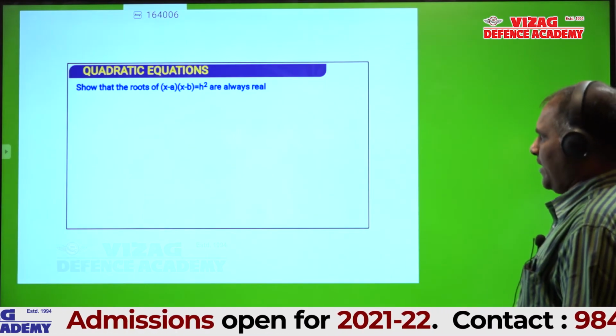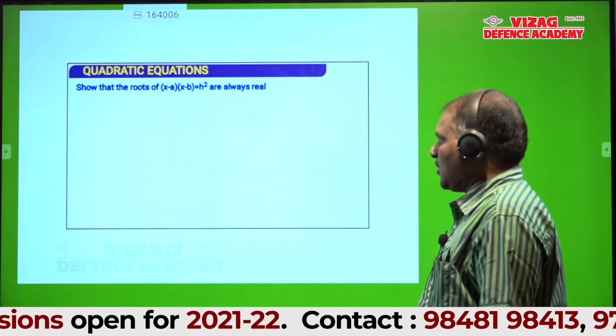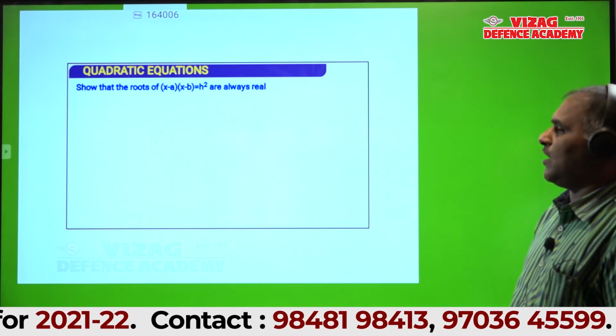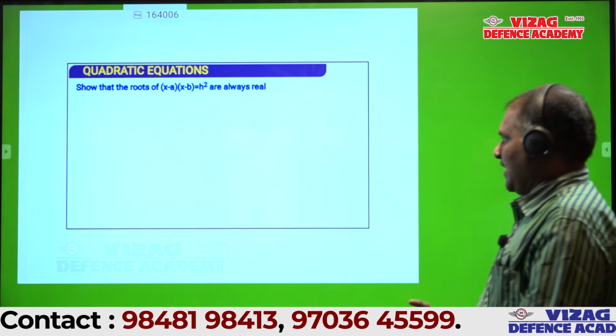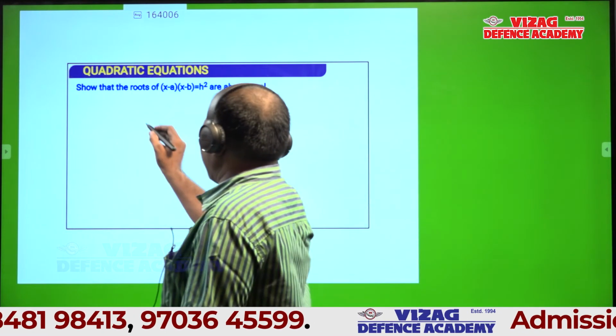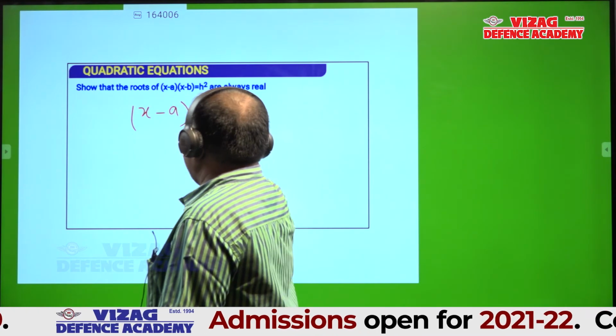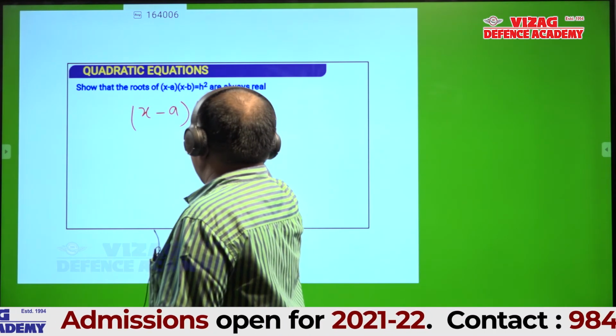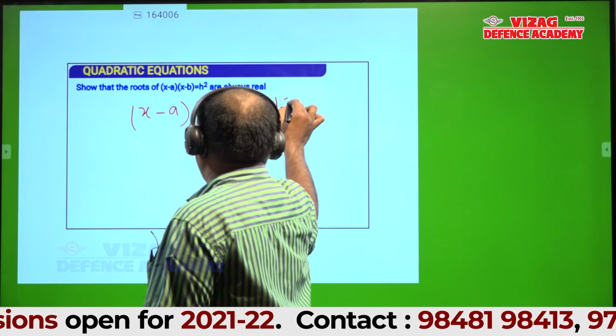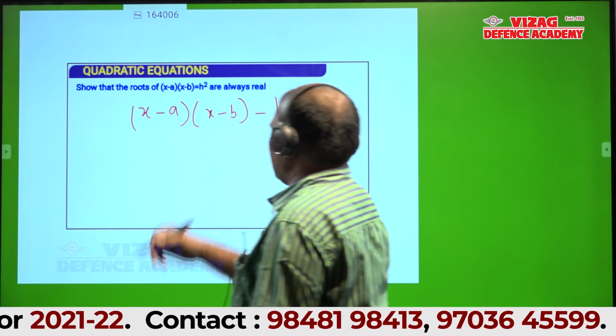Here, show that the roots of the equation are real. Listen. The given quadratic is (x minus a) into (x minus b) minus h square is equal to 0.